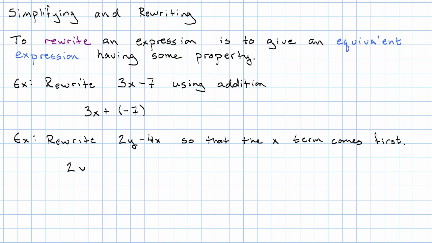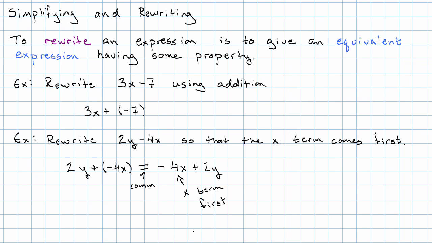So we would say 2y plus negative 4x. And then we would use the commutative property to say that's the same as negative 4x plus 2y. And now we have an equivalent expression where the x term comes first. And so we've done what we were asked to do.